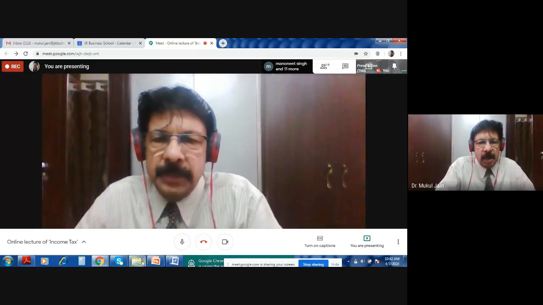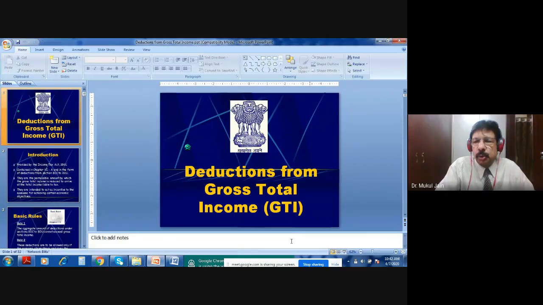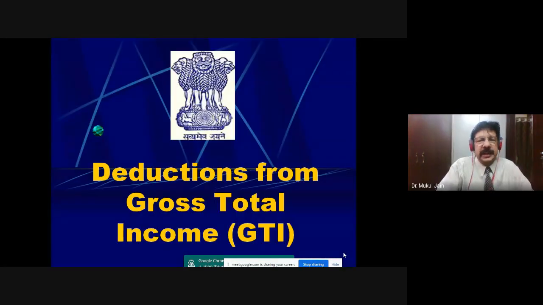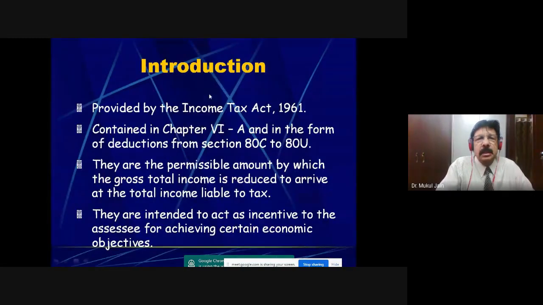So therefore, now let us start our presentation. This is deductions from gross total income. I think you are able to see this slide. So gross total income and deduction from gross total income. This is provided by the Income Tax Act 1961, contained in Chapter 6A, in the form of deductions from Section 80C to 80U.